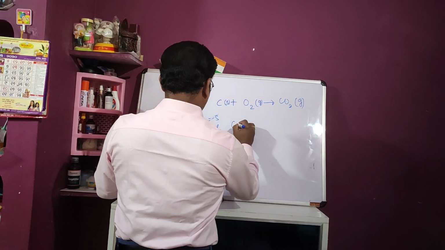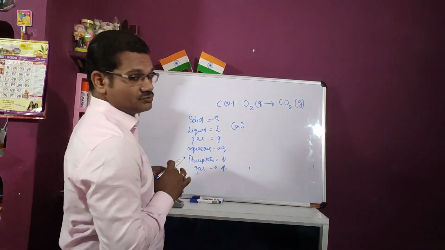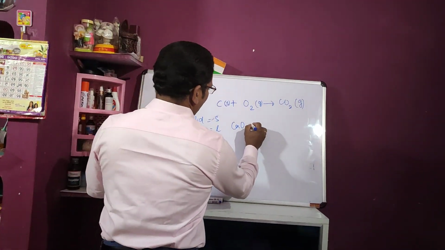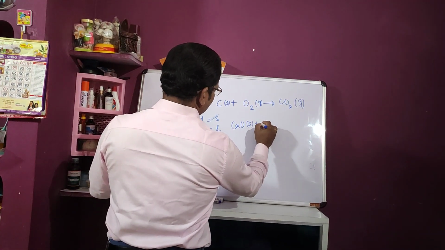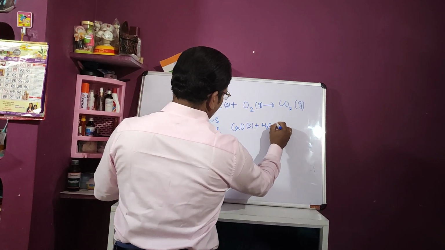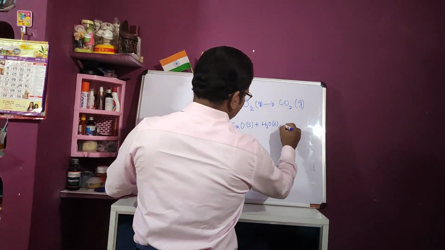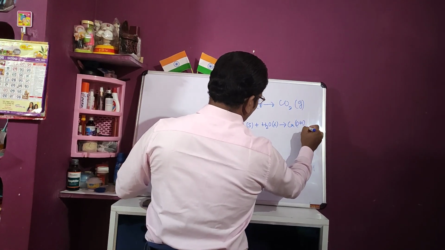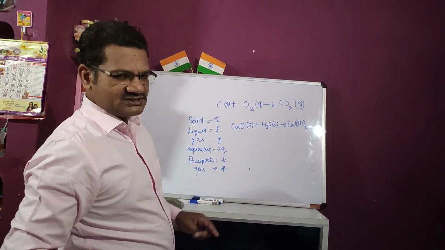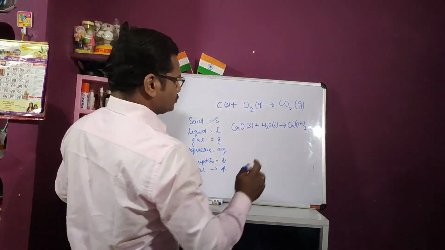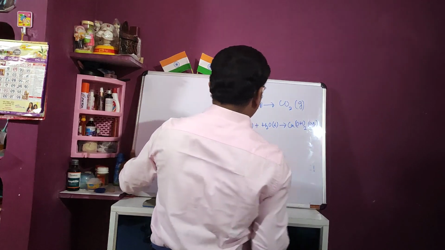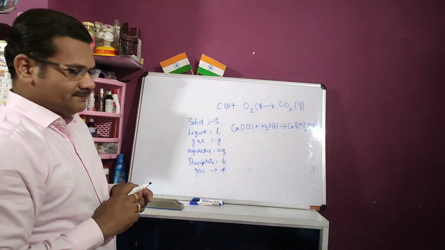Suppose calcium oxide, which is called quicklime, its chemical name. Calcium oxide, this is solid, so S. Reacts with water, this is liquid, so L. Gives calcium hydroxide, Ca(OH)2. This is soluble in water, so I shall write aq. Okay.